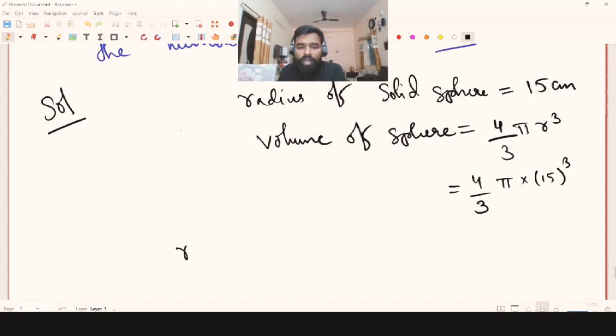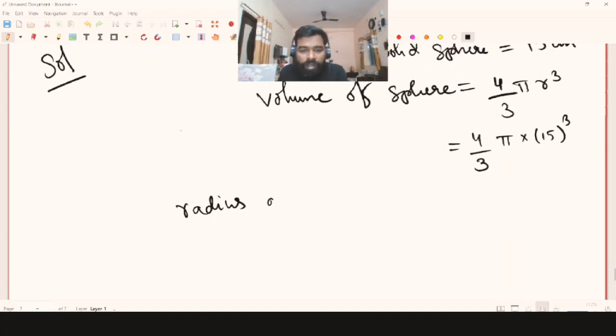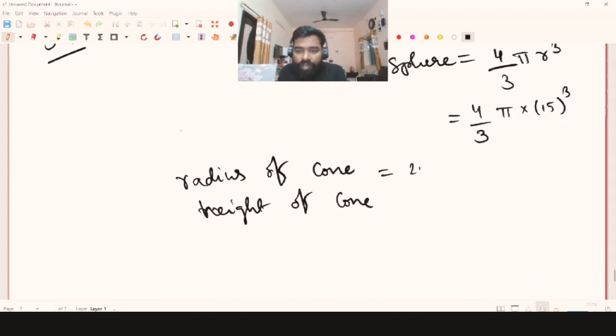Then what is the radius of the next shape which has been transformed? It is a solid right circular cone with radius this and height 8. So the radius of the cone is 2.5 and the height of the cone is 8 centimeter.